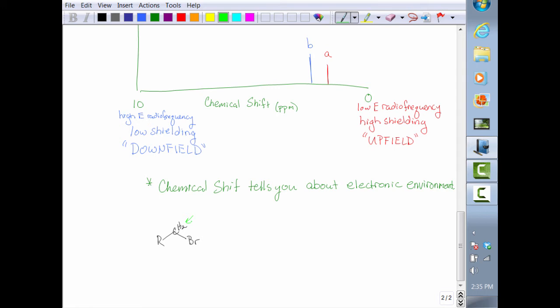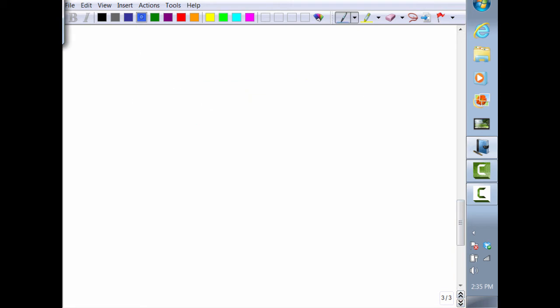So let's move on to talk about the next topic. And here I'd like to talk about integration. So each unique proton gives a unique signal, or each unique type of proton.